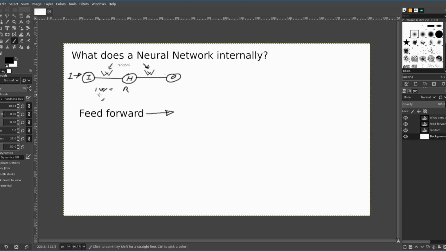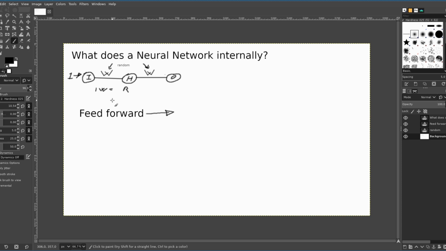In fact, you can see that this equation, I multiplied by W, is a linear equation, because increasing the value of W increases the value of R, and decreasing the value of W decreases linearly the value of R. This means that the neural network can't really work like a brain due to the fact that this is a linear equation.